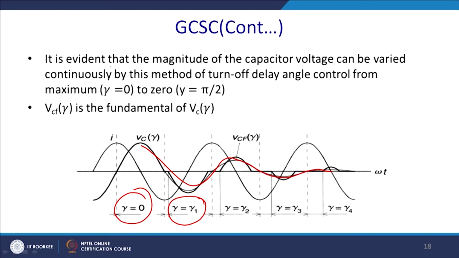So, it is evident that the magnitude of the capacitor voltage can be varied continuously by the method of turn off delay angle control, with lambda from 0 to pi by 2, where the effective capacitor voltage V lambda has a fundamental value of Vc lambda.